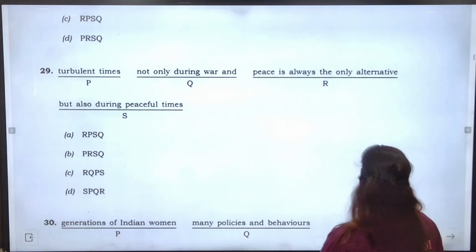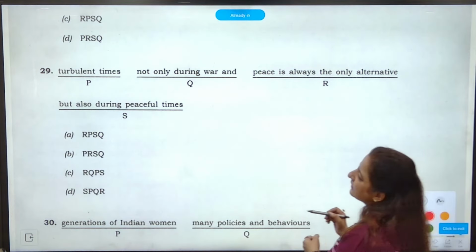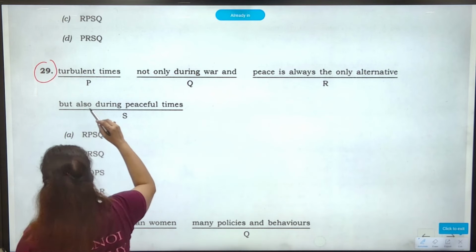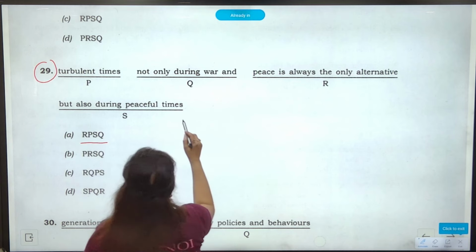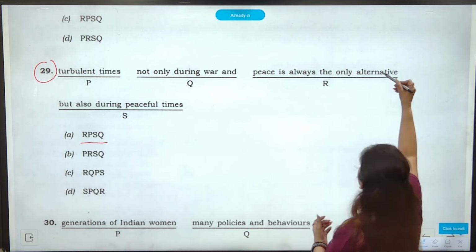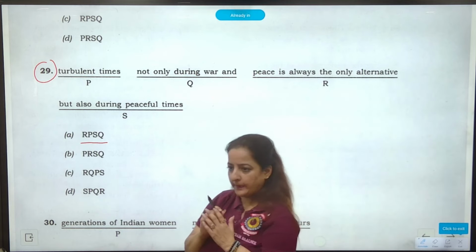Question 29. Let's read Alpha: RPSQ. Peace is always the only alternative. Alternative to what? Alternative turbulent times.